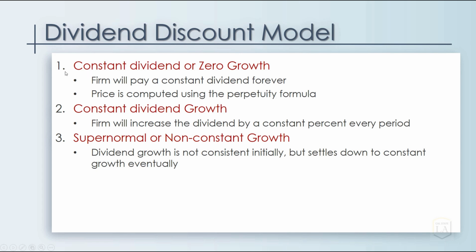So as you can see, as we move down from number 1 to number 3, it goes to a more realistic version. Well, let's start with the least realistic or the simplest version, which is zero growth. So we're expecting the dividends to be paid forever at regular intervals.